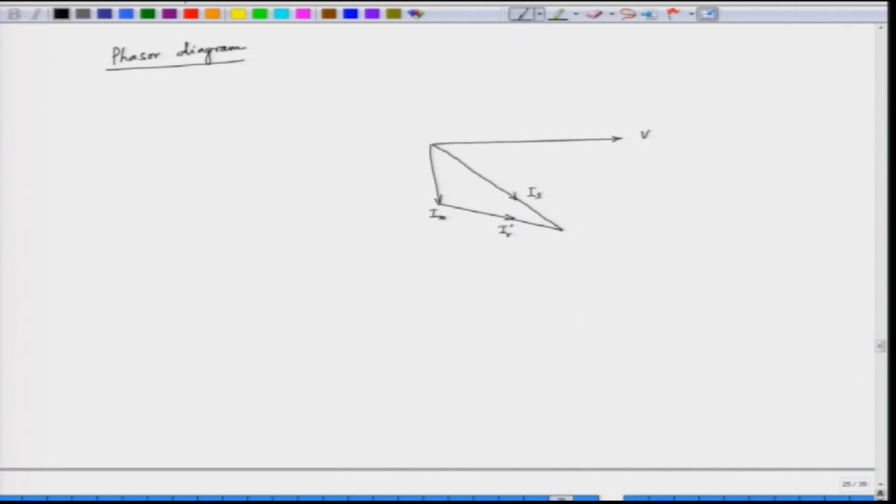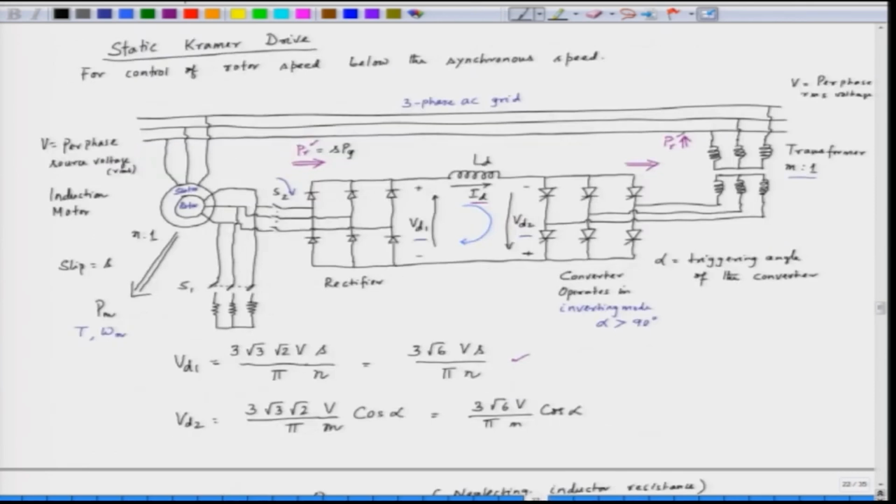Now, in this diagram we are drawing, this is our stator current which is I s, and the rotor current here is I r, and then we have also a magnetizing current. We also have a transformer current which is being taken from this side. The transformer current, which is I t, is basically drawn by the converter.